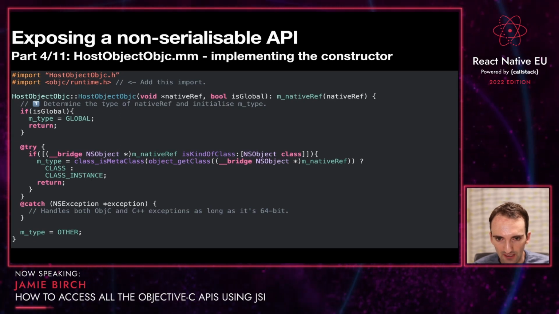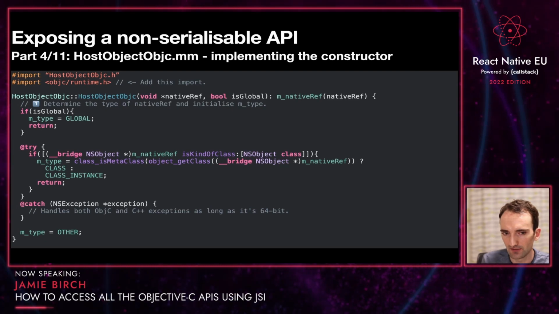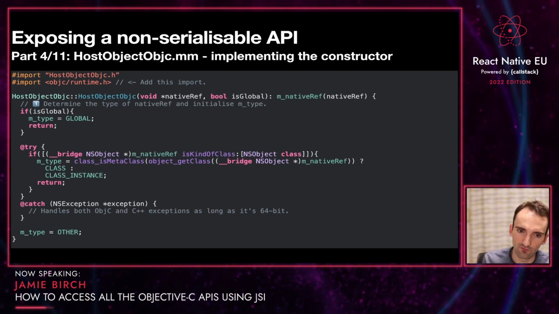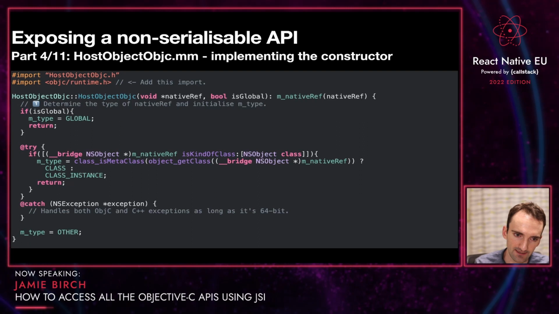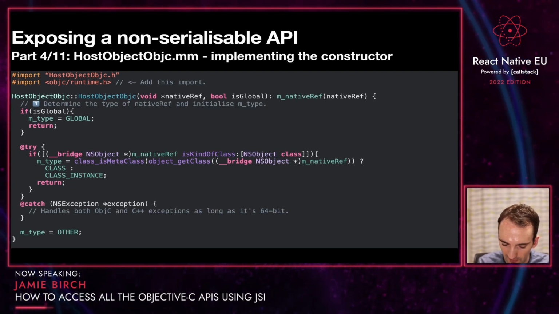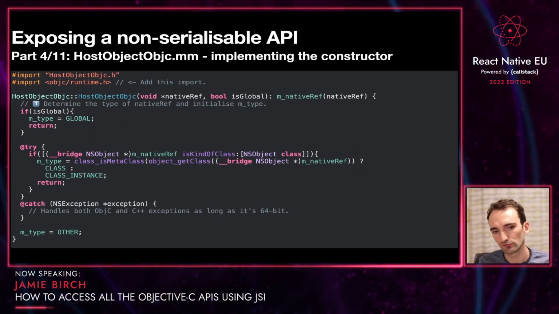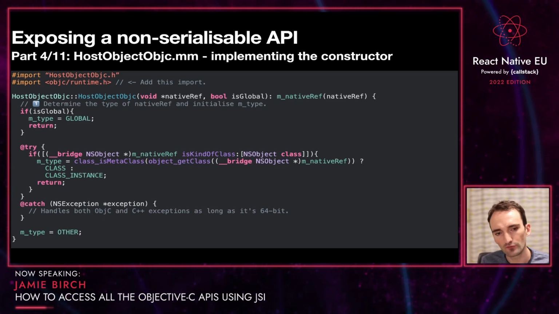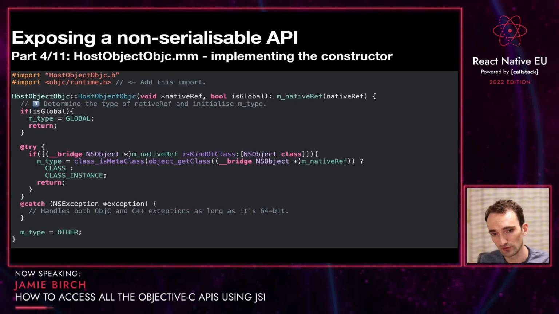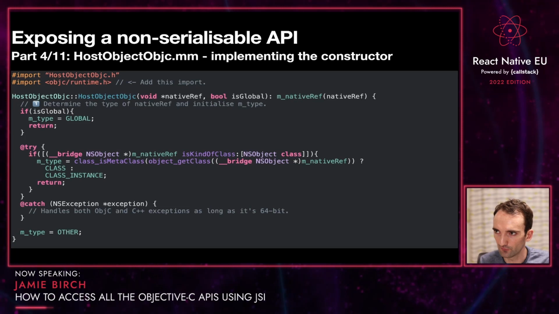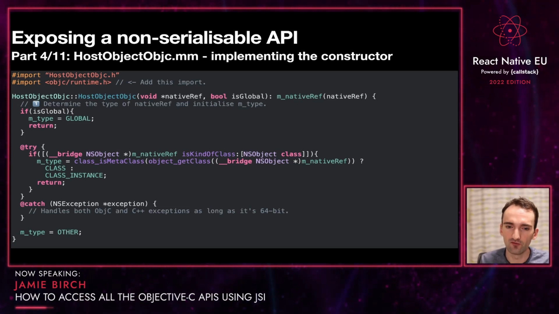We'll say, okay, get me the class of that thing, and if that class turns out to be an Objective-C meta class, then we know the only way that could have happened is if that thing we were holding was a class rather than a class instance. Because if you ask for the class of a class instance, it will give you the class. But if you ask for the class of a class, it will give you the meta class.